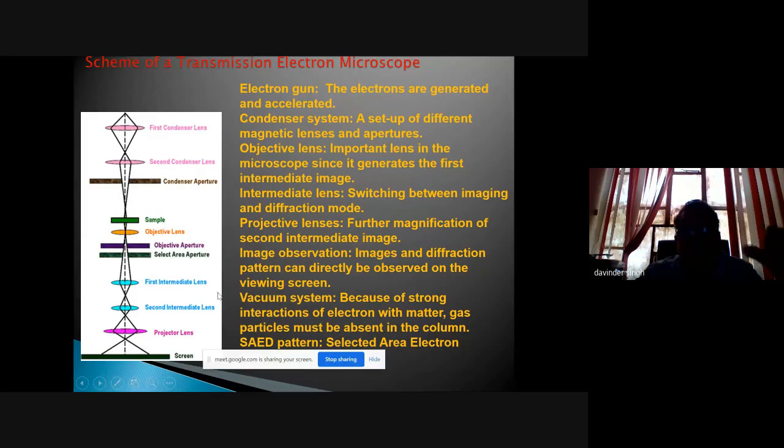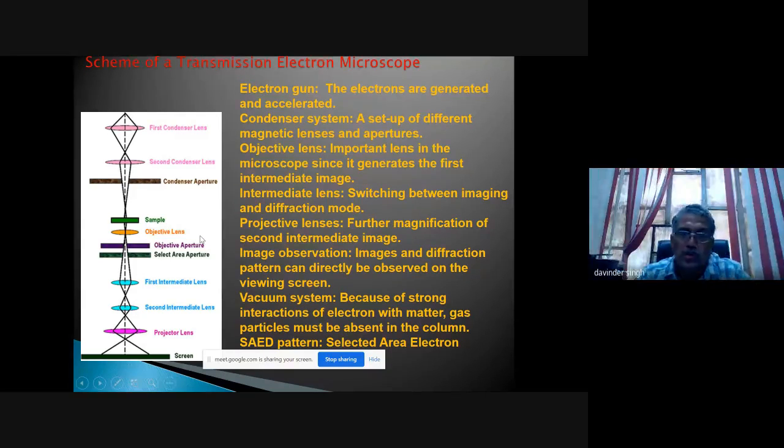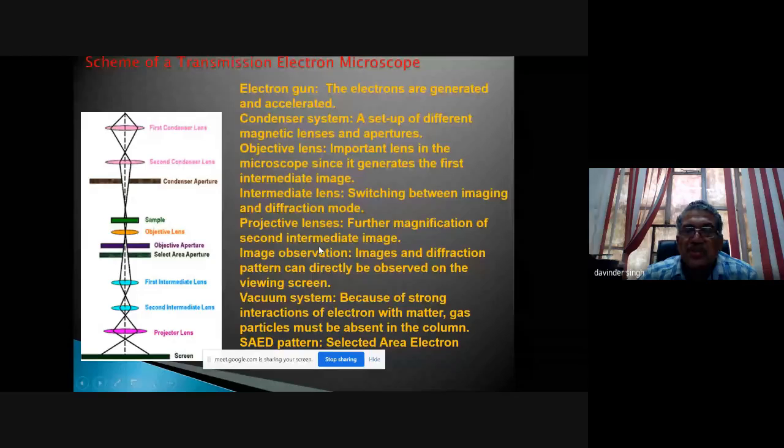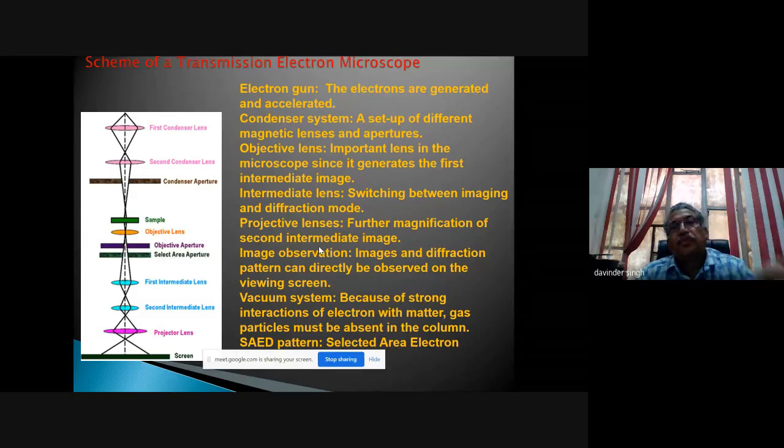The projective lenses control the spot on the sample, and generally there is the vacuum system, how strong the vacuum is, so that there is less interaction with the electrons. With the projection lens, you can have the selected area electron diffraction pattern, and on the basis of that you get the crystallite size.